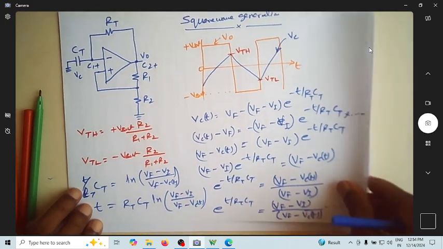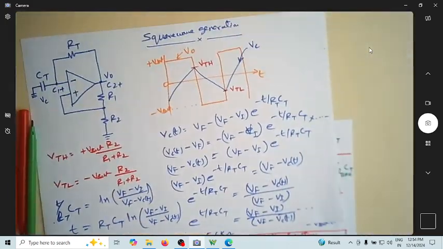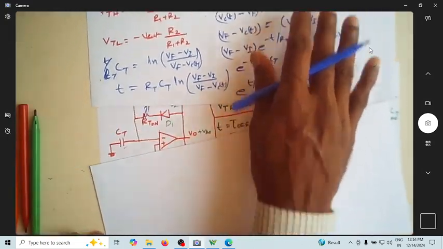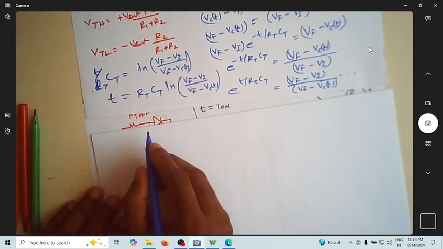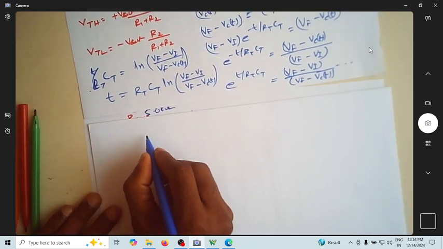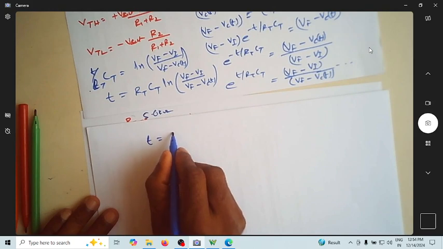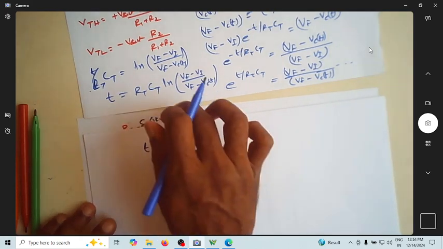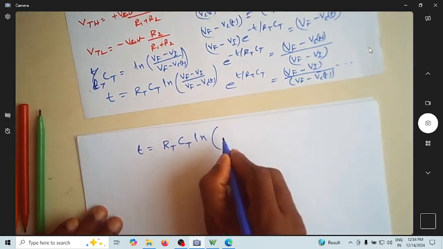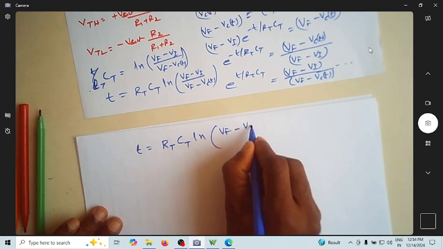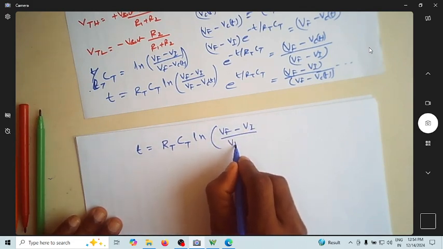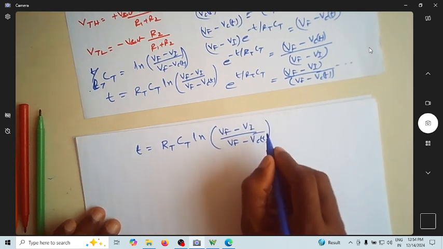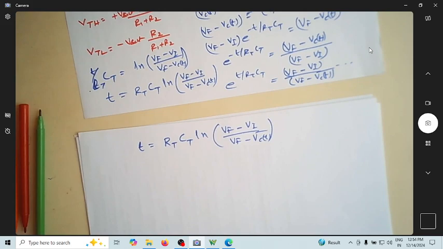So now my equation simplifies to this expression for t.